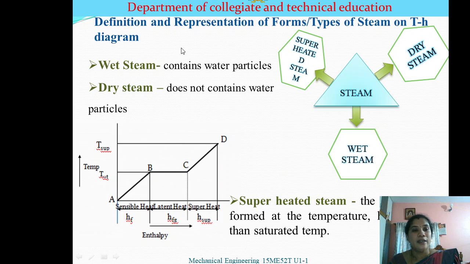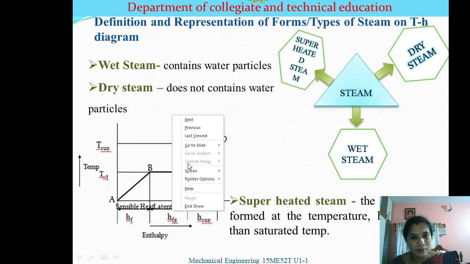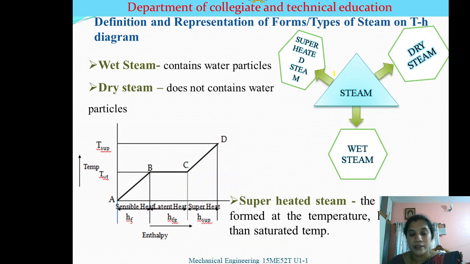So let us try to understand the different forms of steam. As I already told you, steam will be available in three states or three forms: the wet steam, the dry steam and superheated steam. In the previous slides we learned the formation of steam.